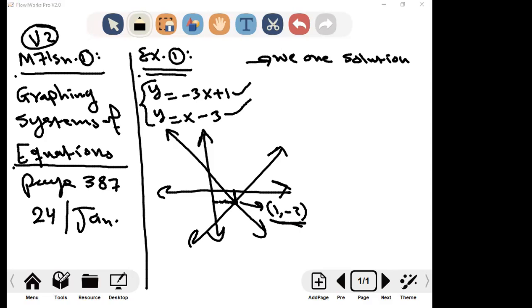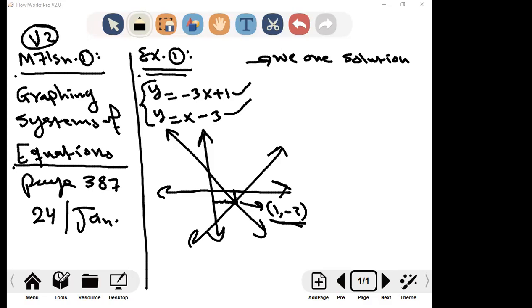A system of two linear equations can have one solution, an infinite number of solutions, or no solution. When it has one solution, they have an intersecting point. When they have no solution, they are parallel lines, they won't intersect.